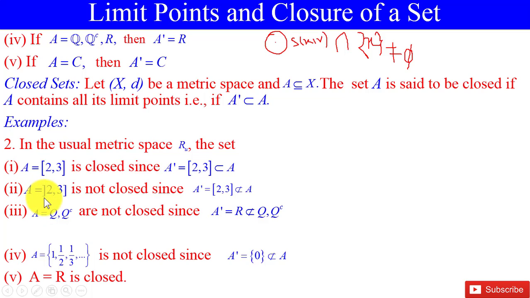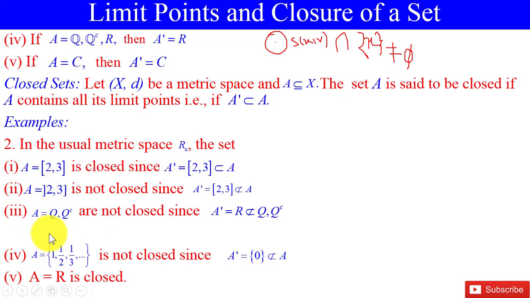If A is equal to the semi-closed interval (2, 3], open at 2 and closed at 3, it is not closed, since A dash is equal to the closed interval [2, 3], which is not contained in A, because 2 does not belong to A. Therefore, A in this case is not closed.